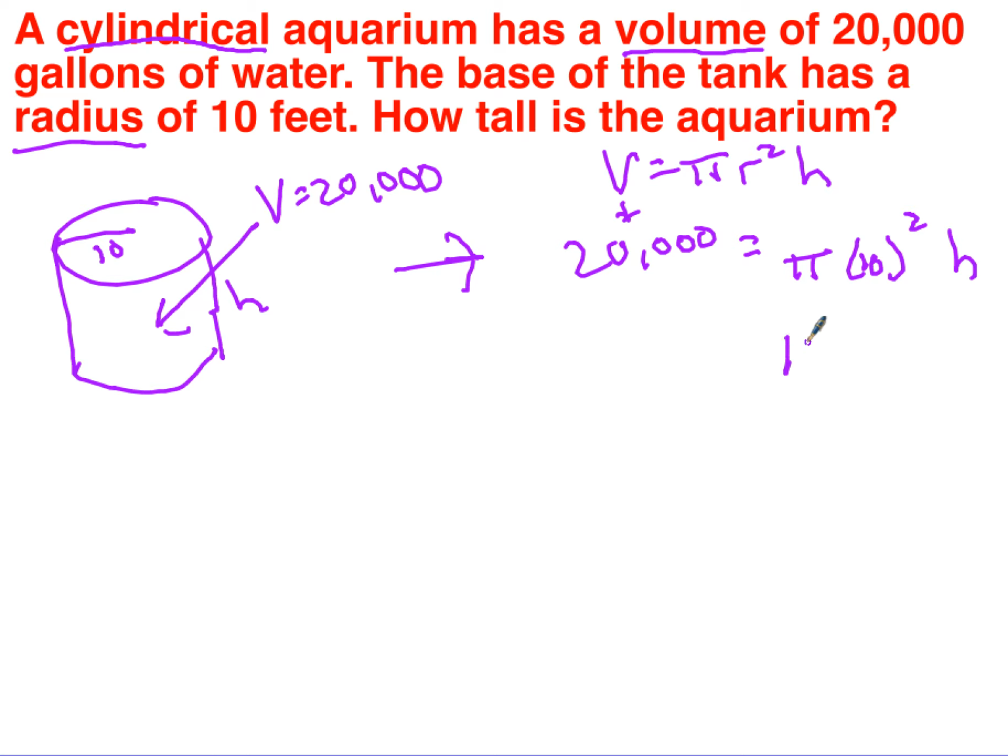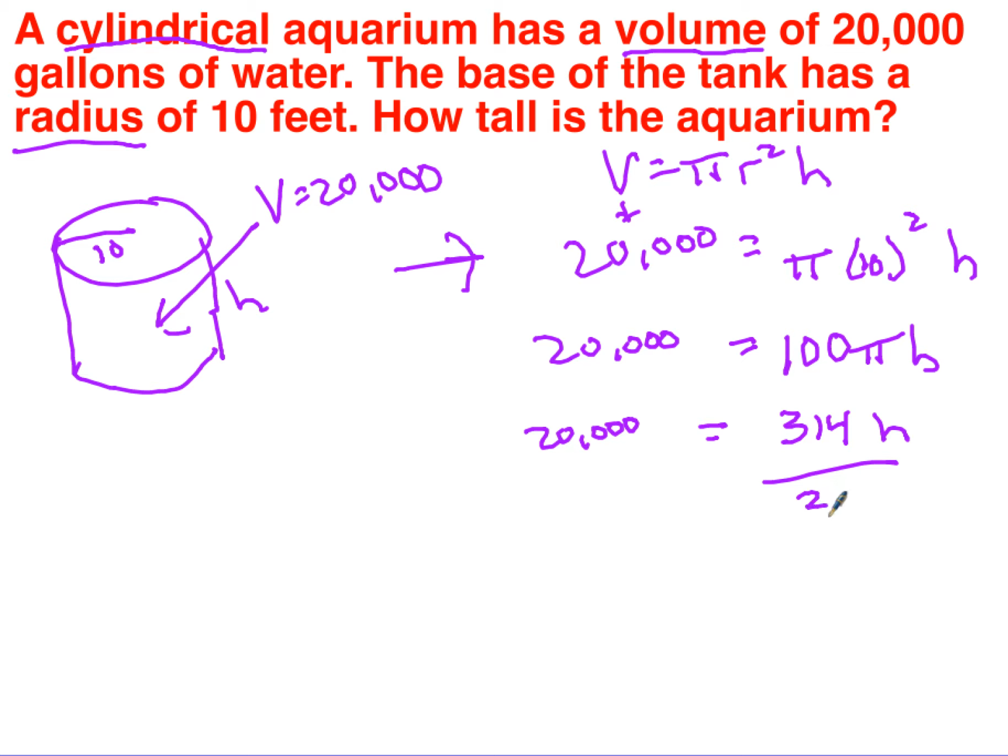10 squared is 100. So I have 100 times pi times h, which is equal to 20,000. Now I can do 100 times 3.14. Luckily, I don't need a calculator for that. If you need a calculator, you're good. But that's just 314 times my height equals 20,000. Now I can take 20,000 and divide it by 314.